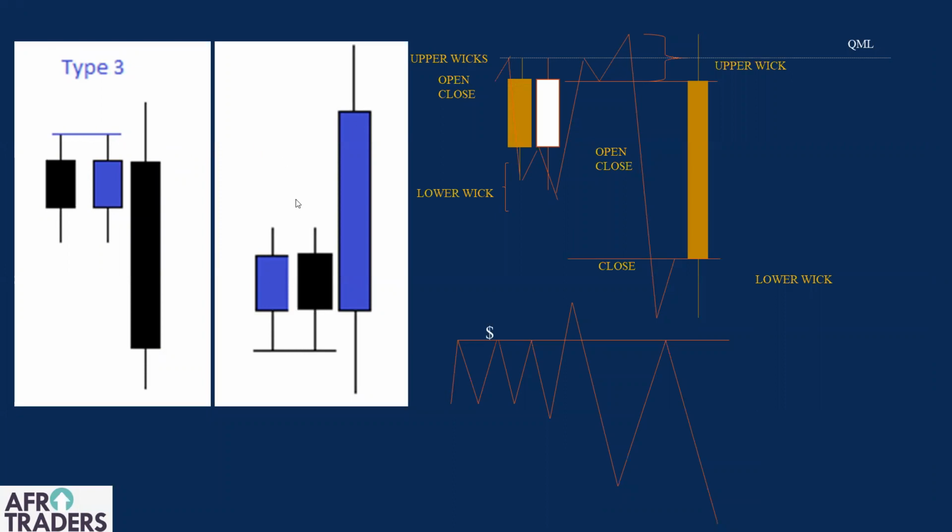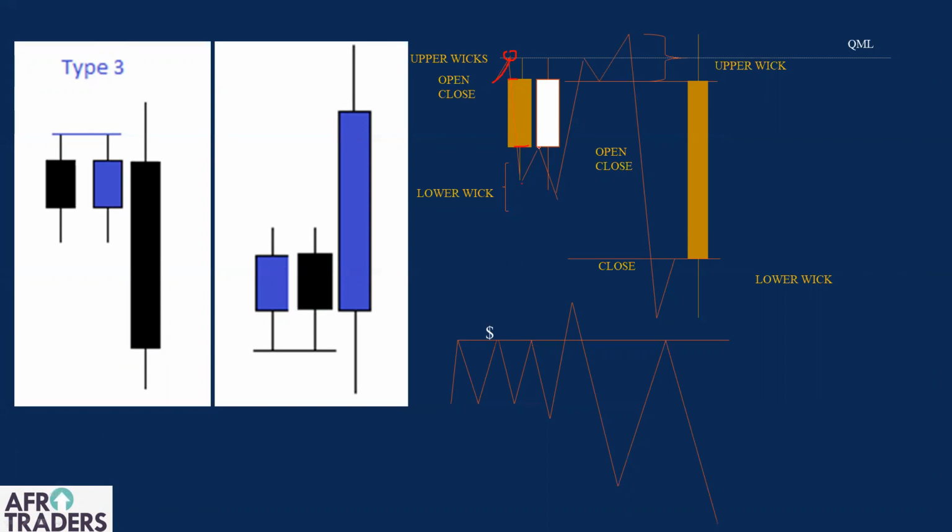So it's the same thing. This first candle opened here, is a sell candle, a bearish candle. So we opened here, we went up to form the upper wick, then we came down and closed here.